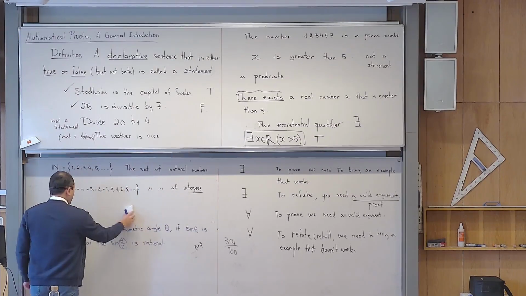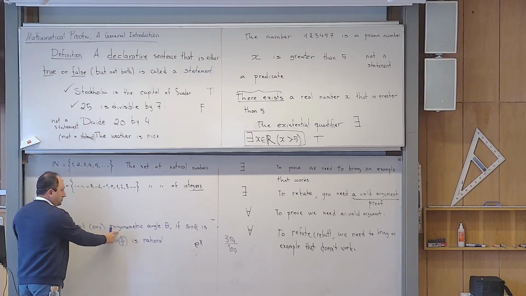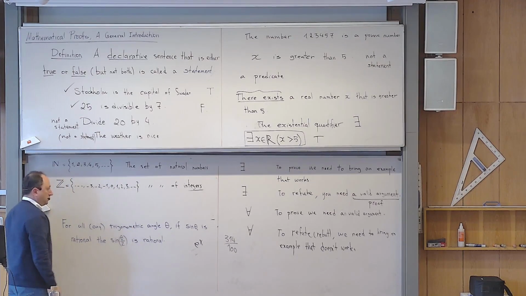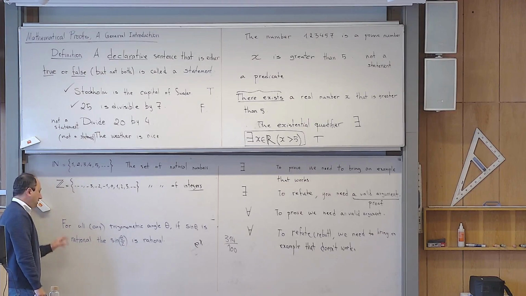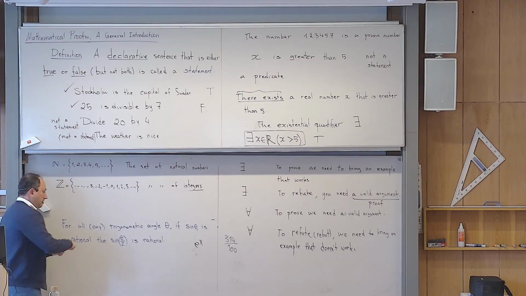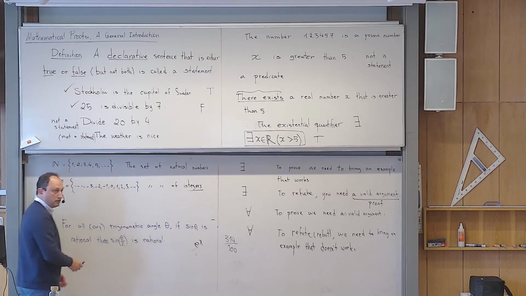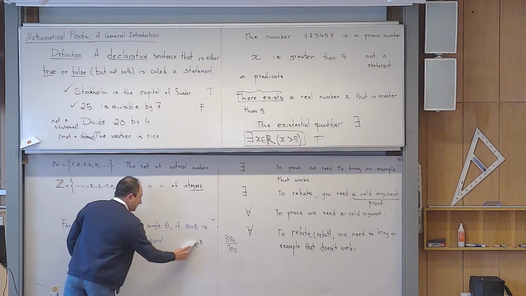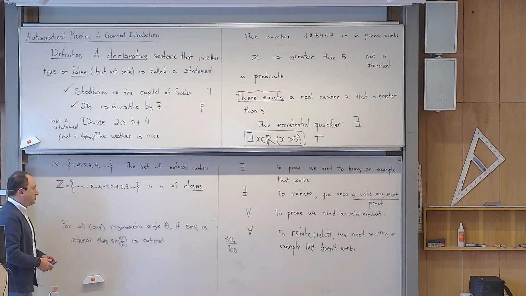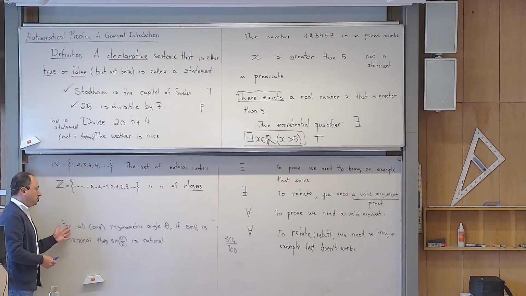First of all, let us review. For all trigonometric angles theta, if sine theta is rational, then sine theta divided by 2 is rational. Okay, first of all, independent of whether you can prove it or not, do you agree with me this is a statement?